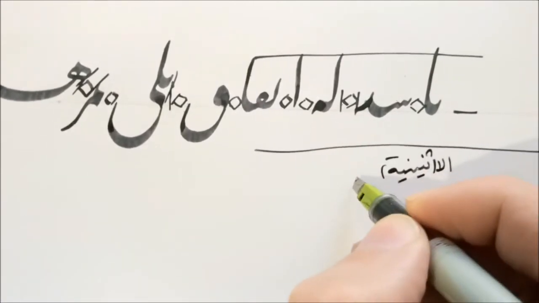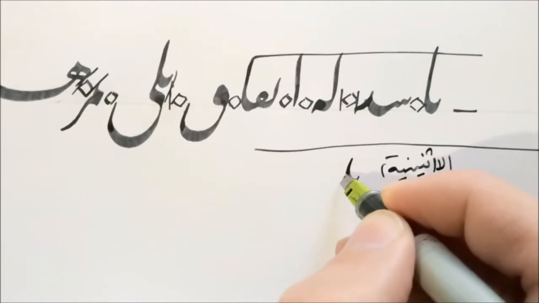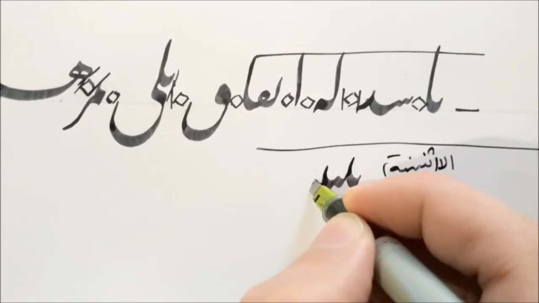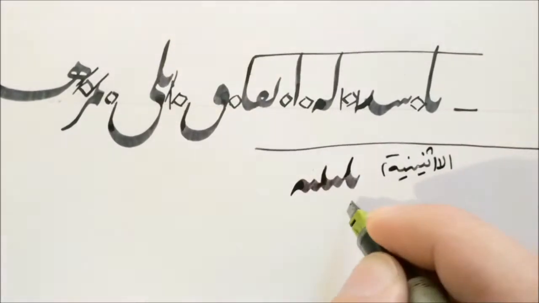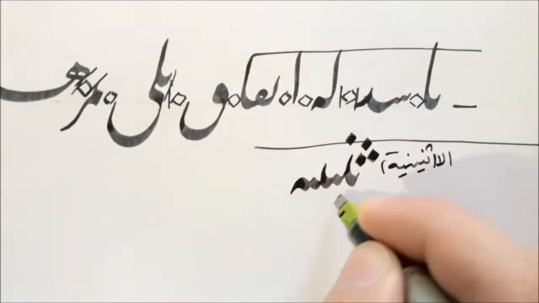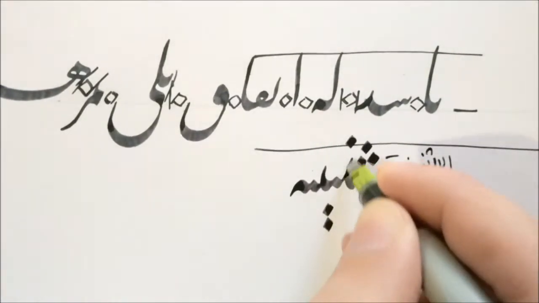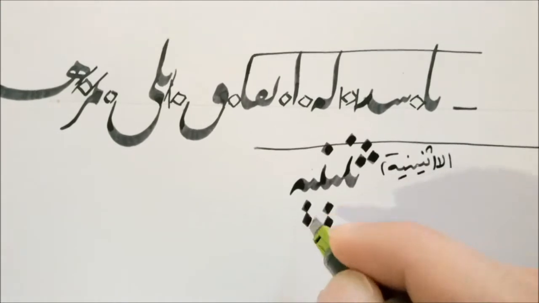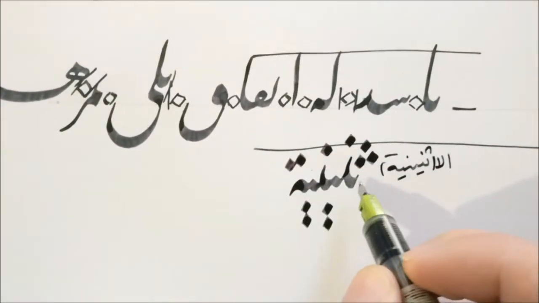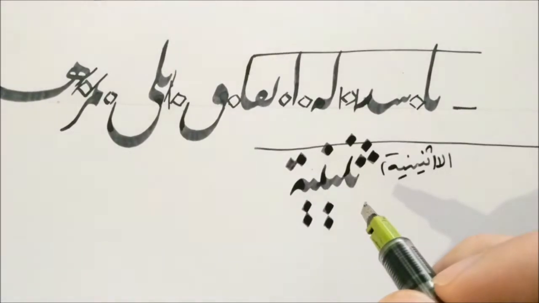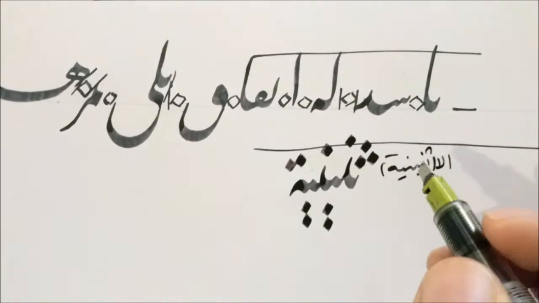We have tha, noon, ya, noon, ya, ta marbuta. We can see here that some nabarat were left up to change the shape of the word. We do this to distinguish it from a sin, basically.